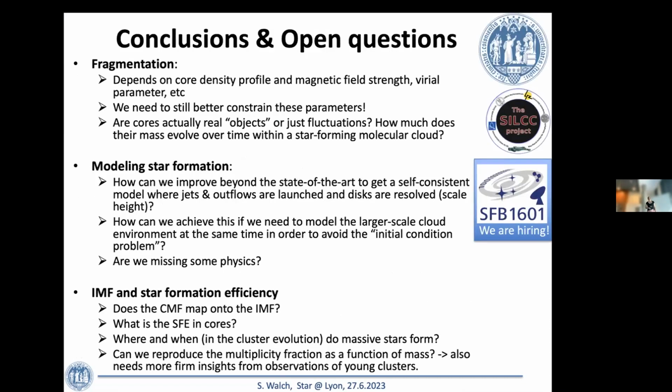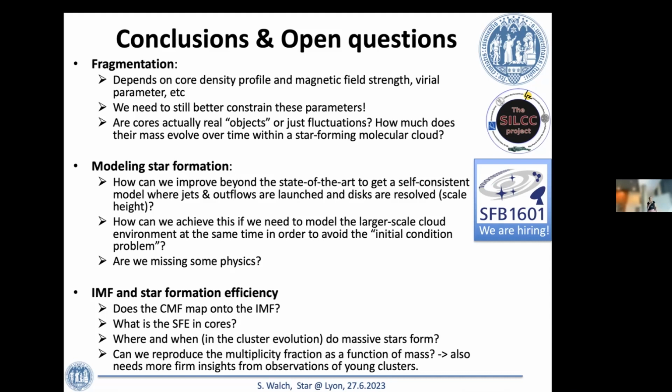And so this brings me to my conclusions and open questions. So for fragmentation, we saw that it depends on many parameters: density profile, magnetic field strength, virial parameter, and whatnot. And we still need to better constrain these parameters in order to actually understand how cores fragment. And so I think we need to understand whether cores are real objects or whether they're just fluctuations, and how much they are interacting with the environment, how much mass they accrete while they are forming stars.